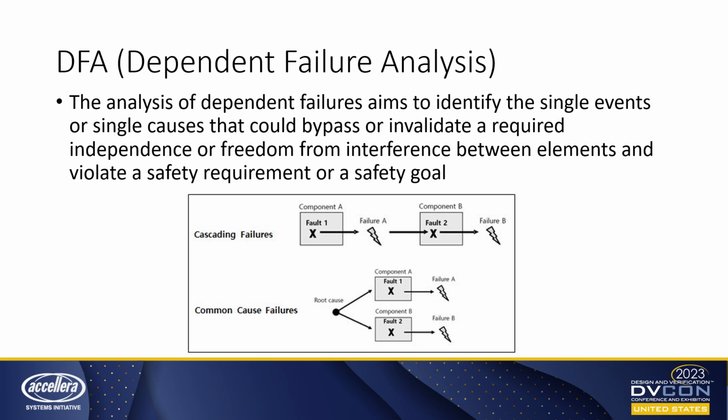This is the requirement of independence, or freedom from interference. So we can find these kinds of dependencies between each block and each failure.